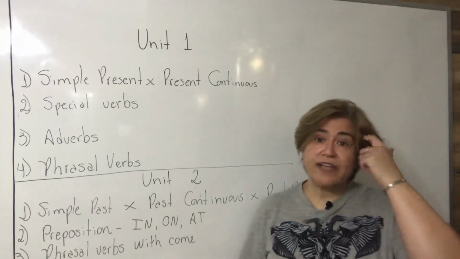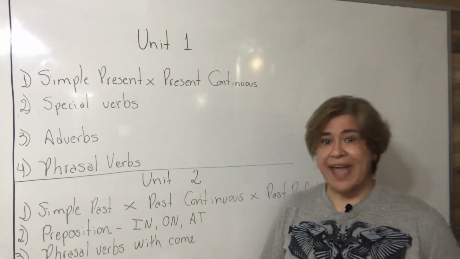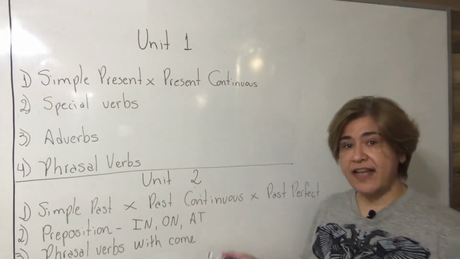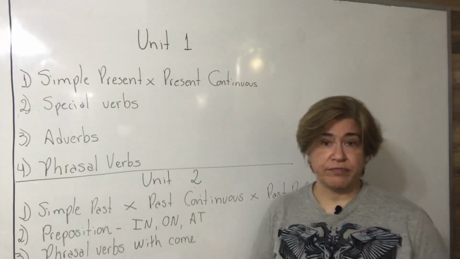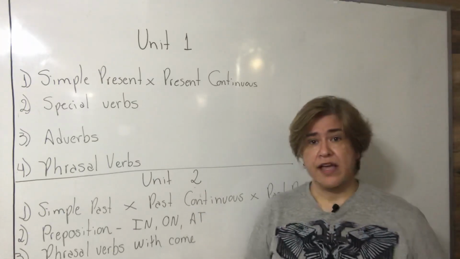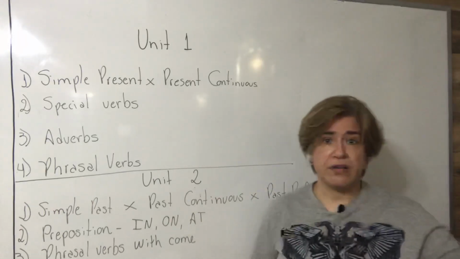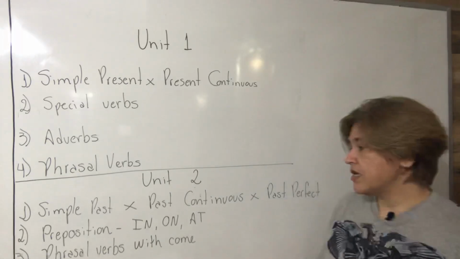The second action is always in simple past. I had explained this lesson before I gave you the review. First, I explained Unit 2, and later I gave the review, okay? The cause, consequence, first action, second action.